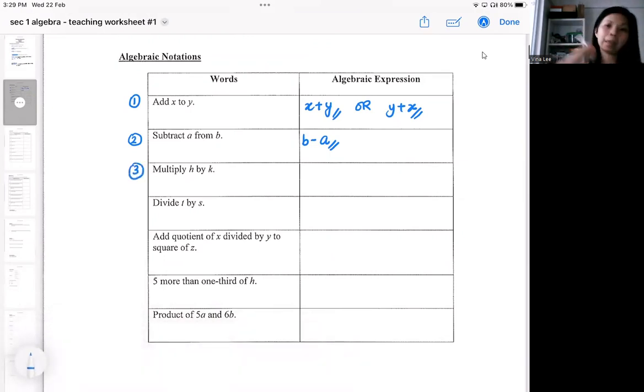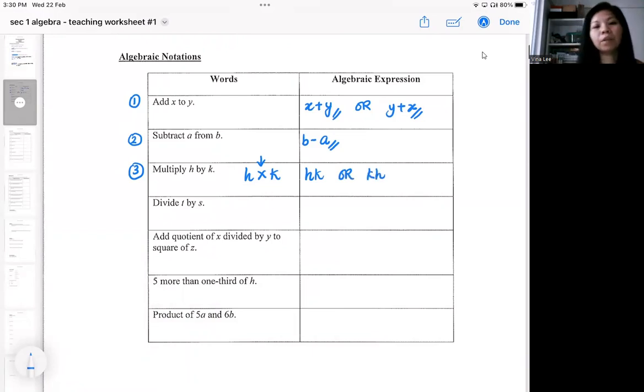When we talk about multiplying H by K, essentially it's just H times K. But in algebra, we have an invisible way of showing the multiplication. We will just write HK. So when we write HK, it's understood that it's a multiplication. That means I can also write KH.